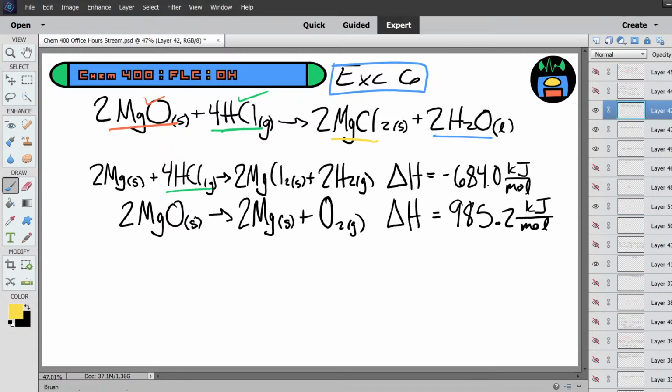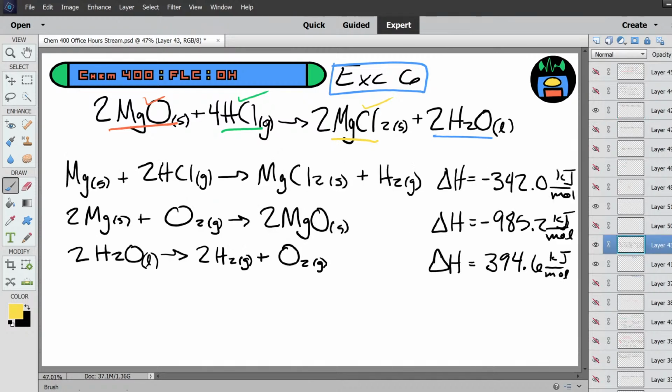We already have two moles of magnesium chloride on the product side. It came with the first reaction. So we have actually taken care of magnesium chloride. The last thing we need to place is water.